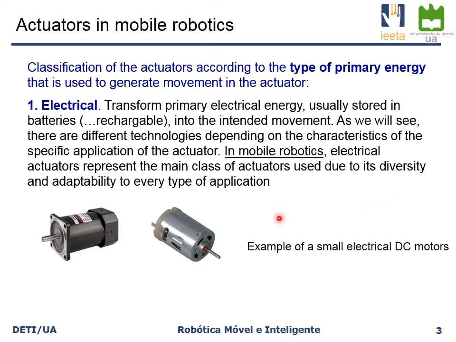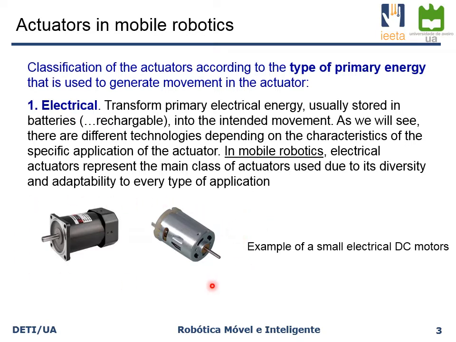For instance, in the work that you have done in the practical part of this course, using the micro-rato environment, we consider two devices that are responsible for the movement. In this case, two electrical motors that have two wheels attached to them, and it's by controlling these electrical motors that we can actually move the robot around, for instance, a maze.